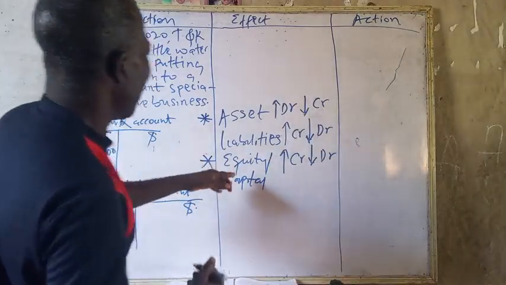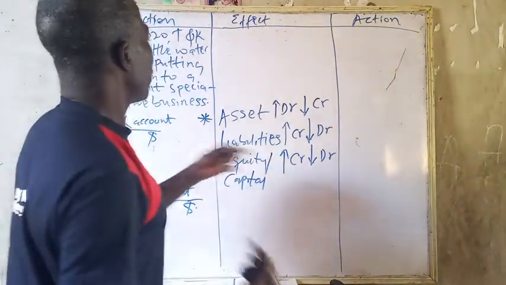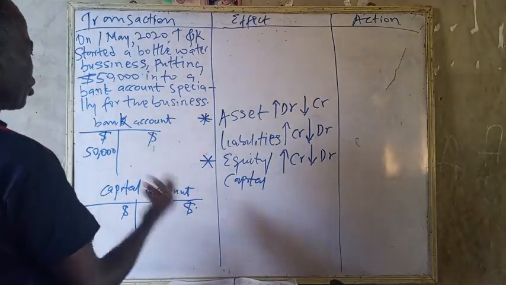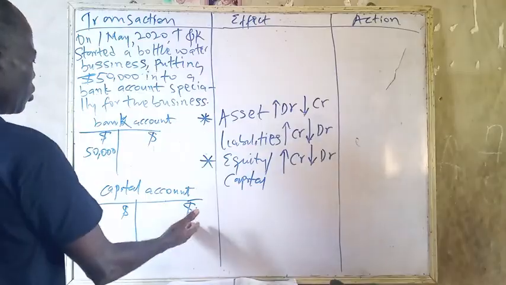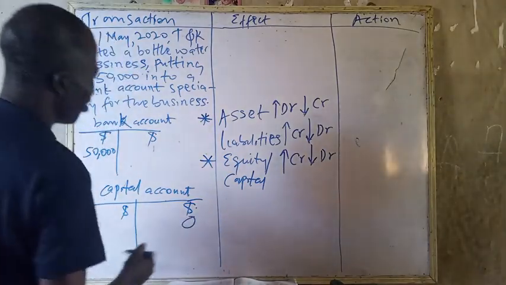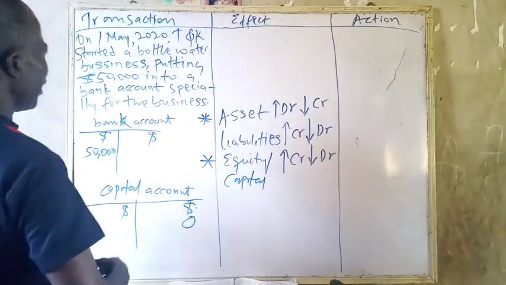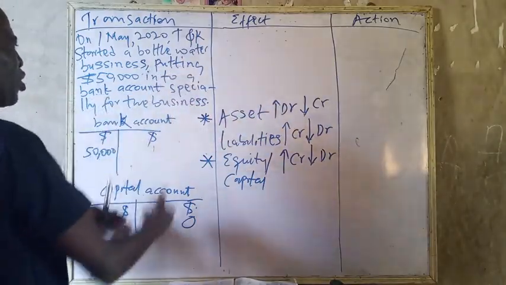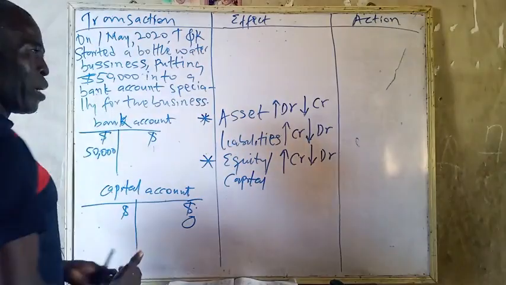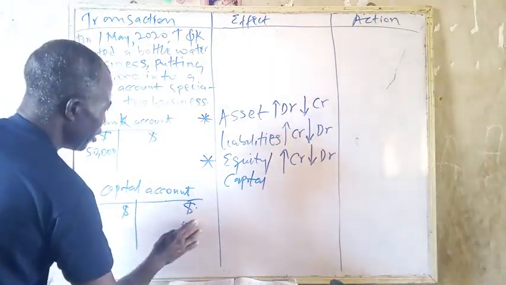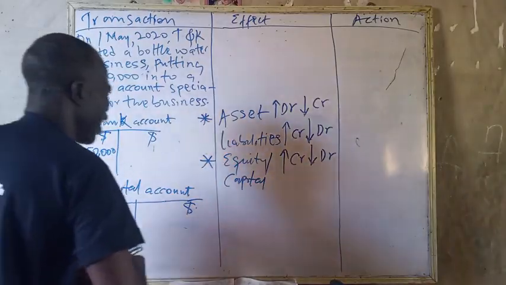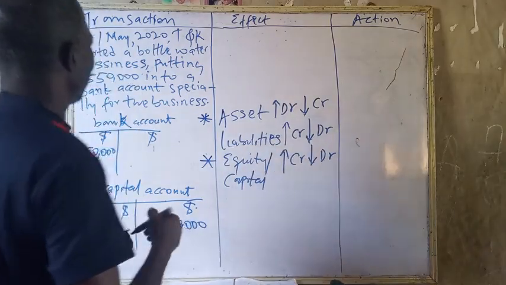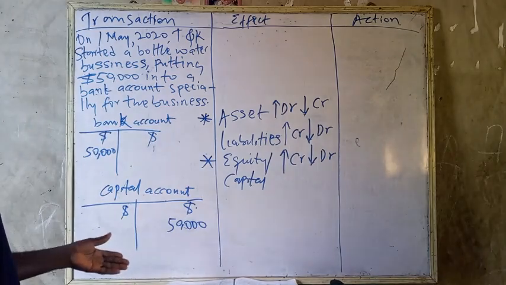So when equity or capital increases, what do you do? You credit. Yesterday the amount here was 0, but today he introduced capital into the business. He put money into a bank, especially for the business. That means the capital account has increased to $50,000. And this is what we call double entry.